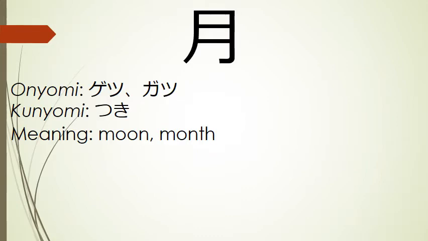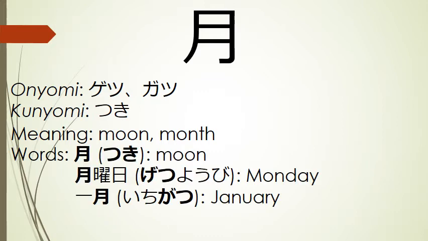And our next kanji means moon or month. Its onyomi include getsu and gatsu. Its kunyomi is tsuki. And words that use this kanji include tsuki, moon, getsuyobi, Monday, and ichigatsu, January.